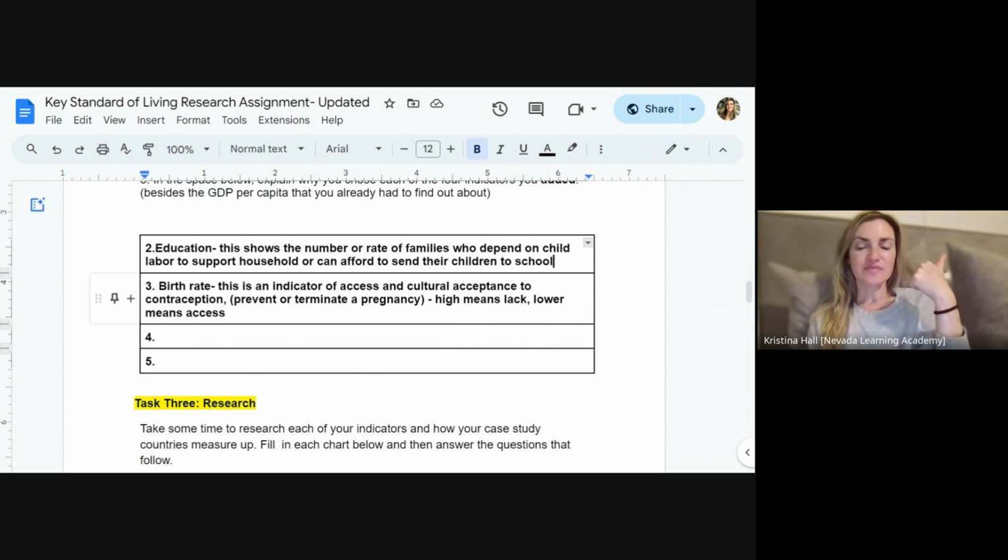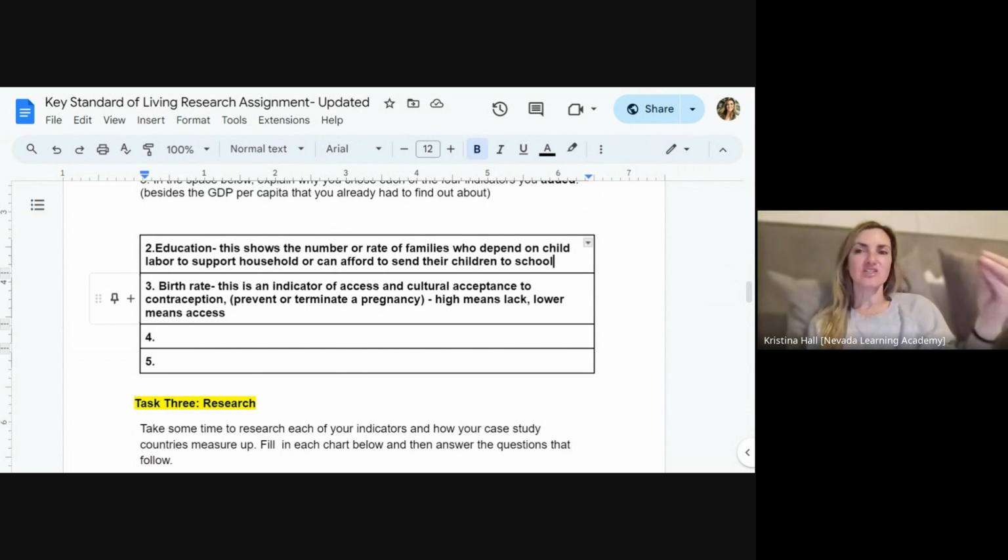This can be cultural, but also access to contraceptives. So birth rates can be really interesting. Developed nations tend to be culturally more liberal, socially more liberal, more accepting of interventions such as birth control, abortion, limiting pregnancy. Also, usually that means access to healthcare.